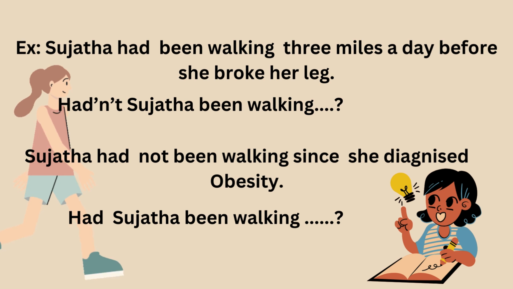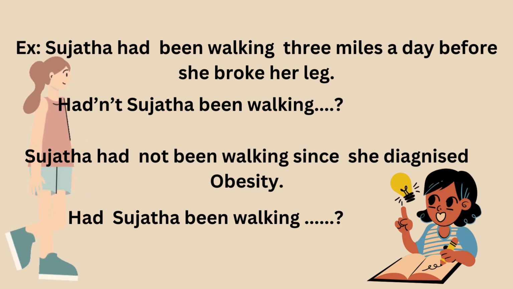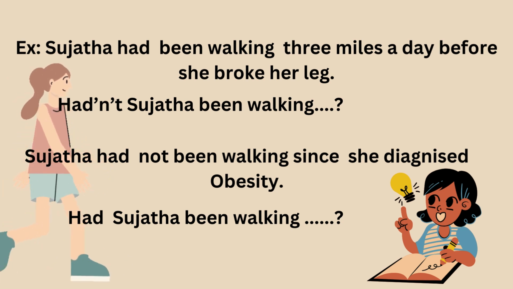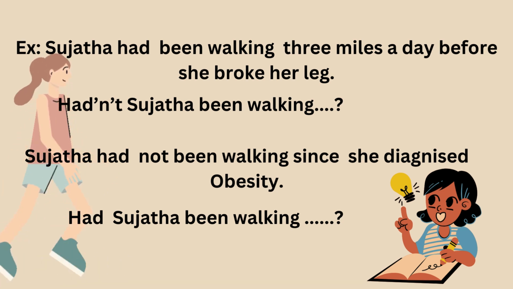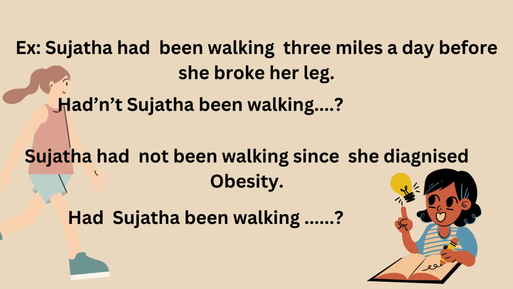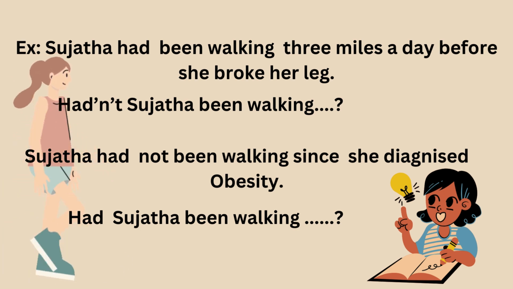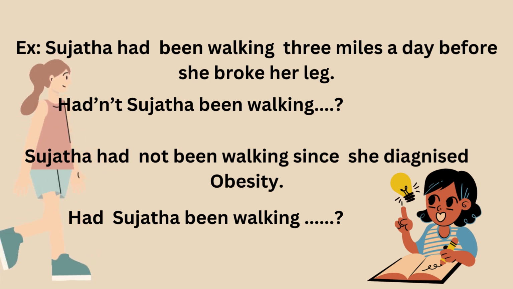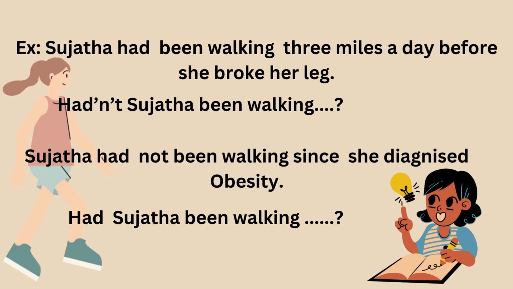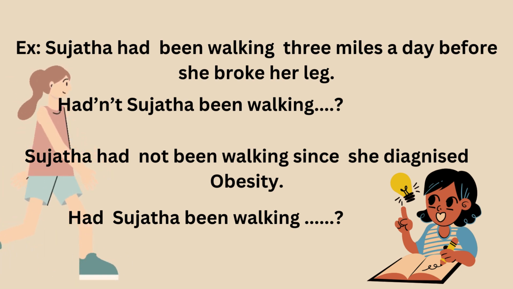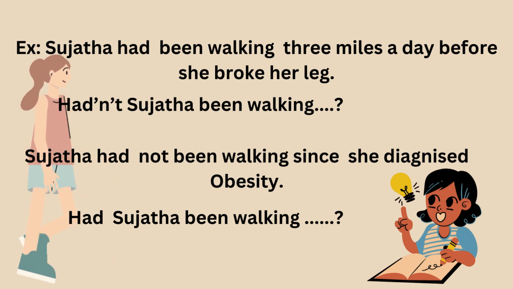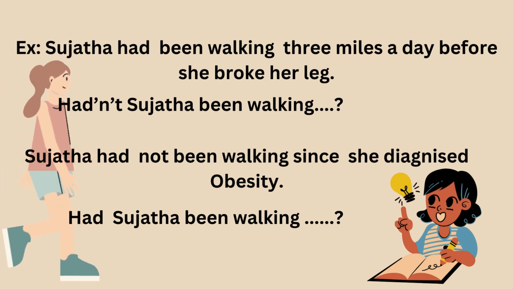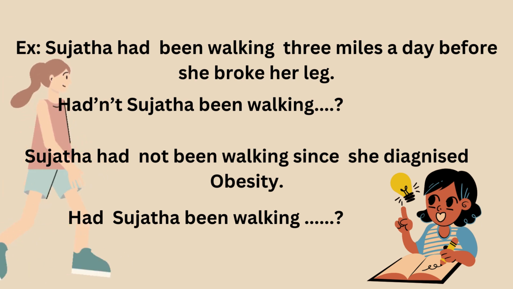Because she broke her leg, she could not walk, so she stopped walking. So here, Sujata had been walking means she started walking, continued walking, and stopped for a particular time. And here the question tag would be hadn't Sujata been walking, and the remaining part of the sentence.